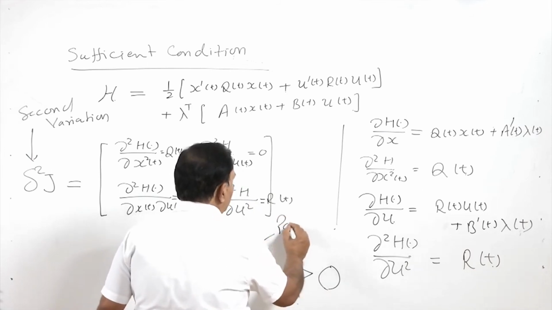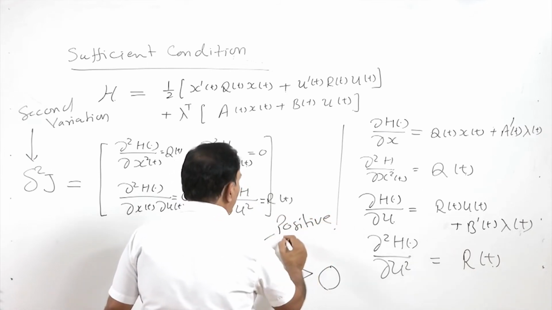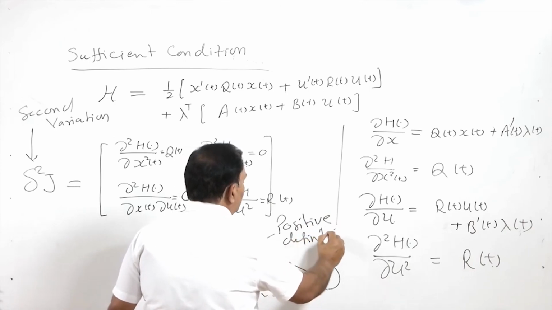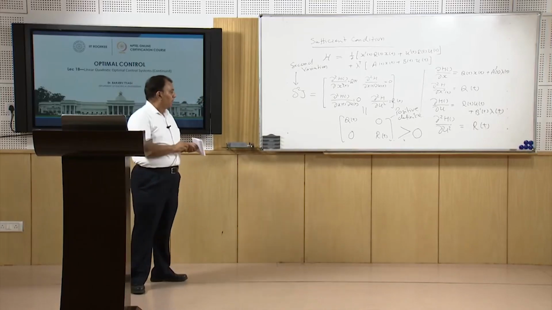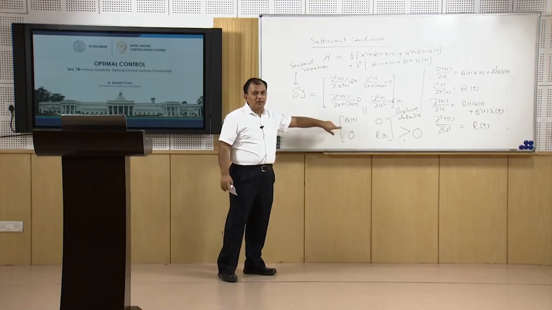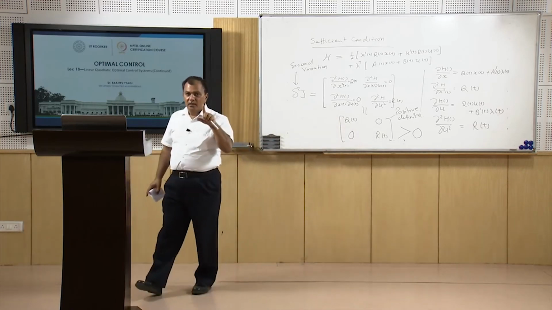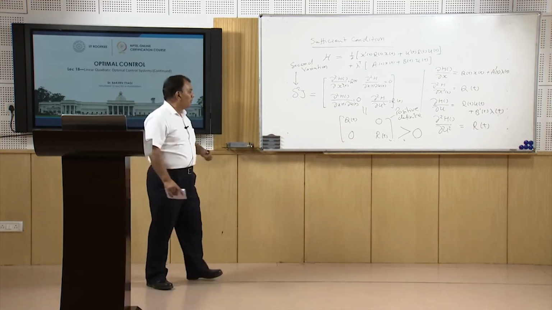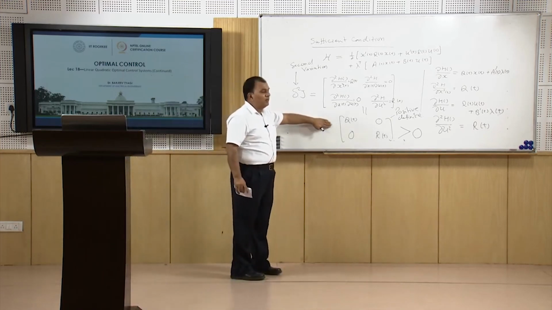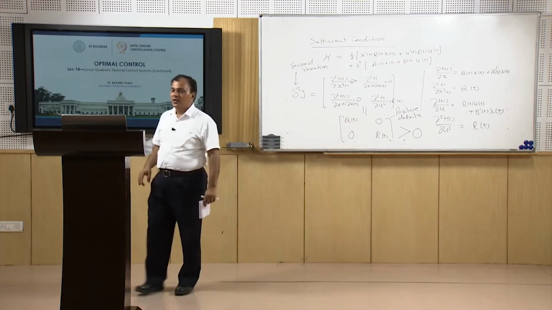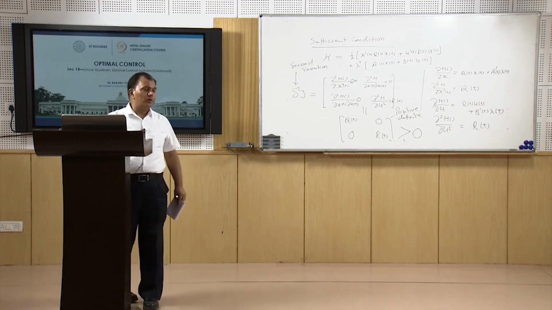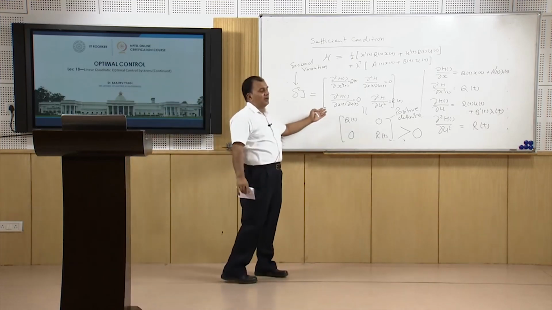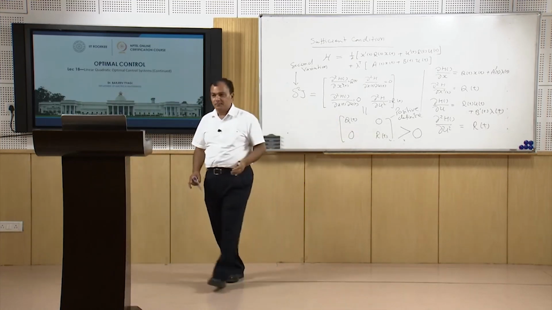So, this is positive definite. This means in LQR this matrix is positive definite, which means we are solving the LQR problem for minimization of J. If this matrix is less than 0, meaning it is negative definite, then our condition will be for the maxima.